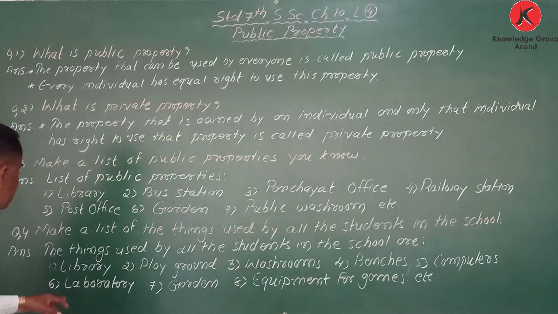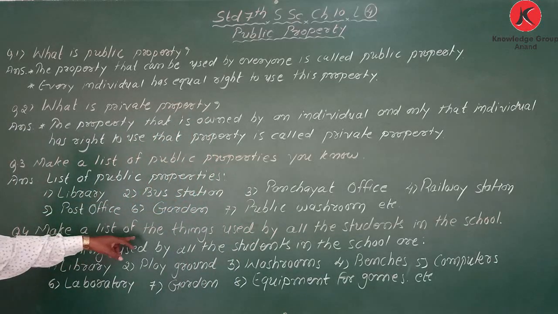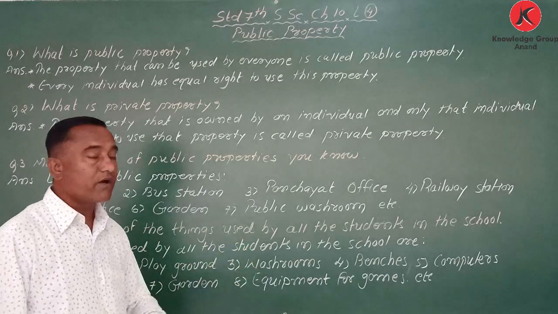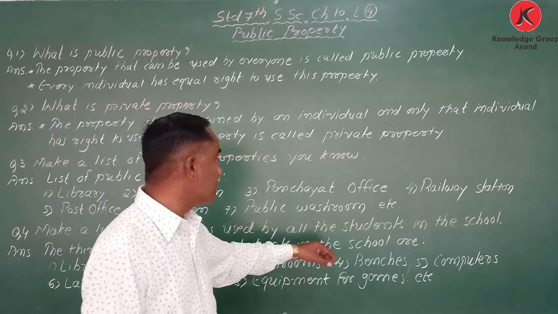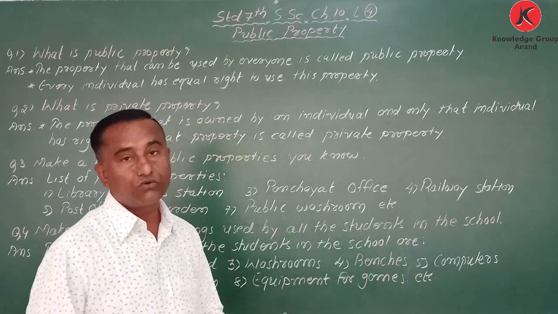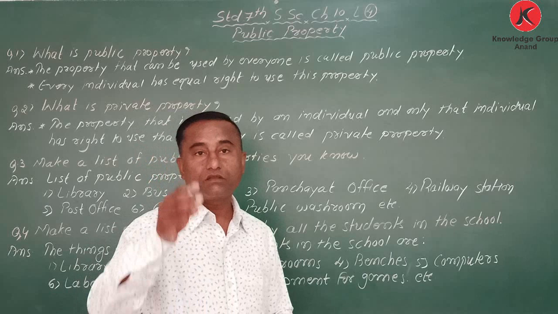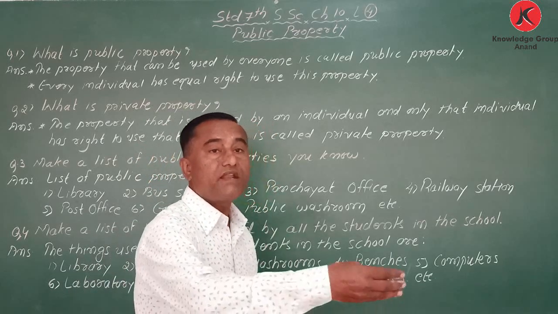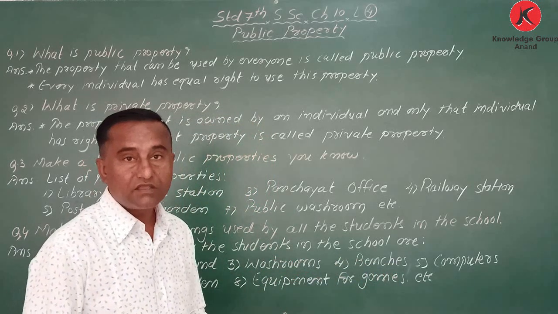Next one: make a list of the things used by all the students in the school. My dear students, you are studying in school, and you are using many things in the school.